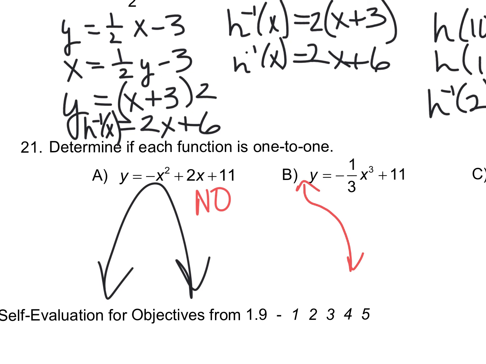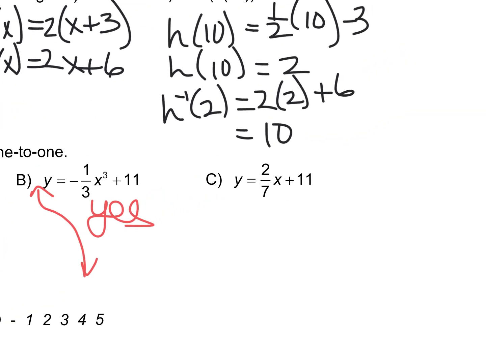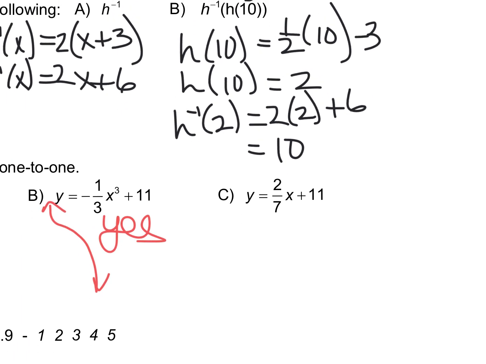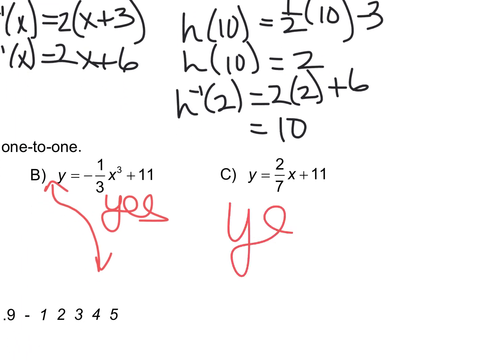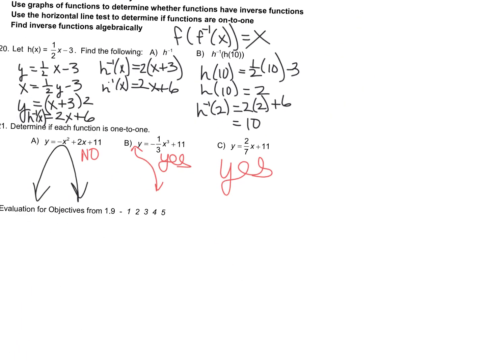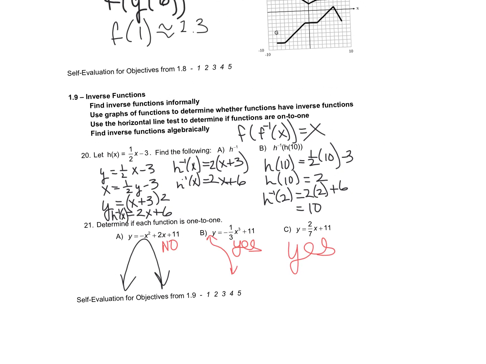And that, if you look, will pass the horizontal and vertical line test, so that's a yes. Lastly, a line inverted graphically would also give you a line. Furthermore, you could also go, if I flip the x and y's and then solved, I get a line, which is a function. Furthermore, you could look at vertical and horizontal line test, and it would pass for both the vertical and horizontal. So yes, a line is 1-to-1.